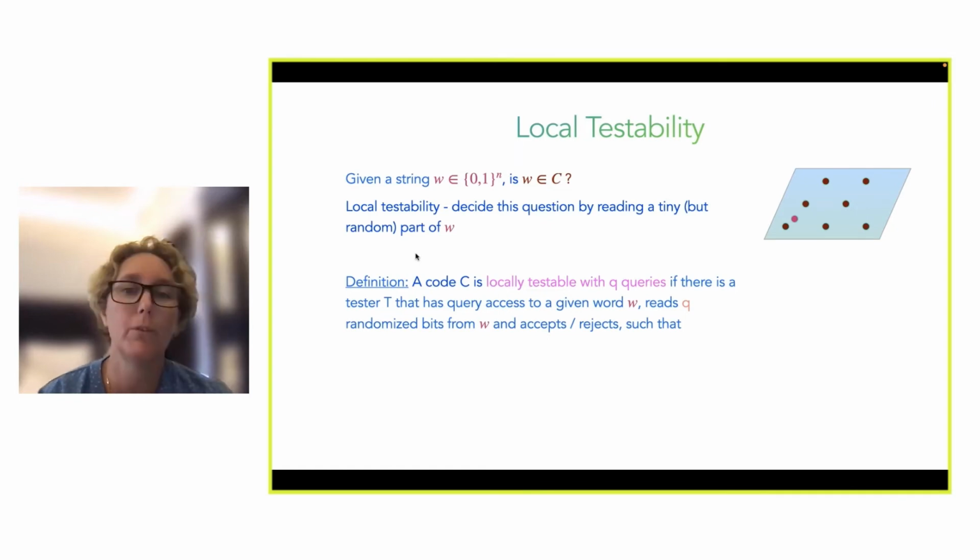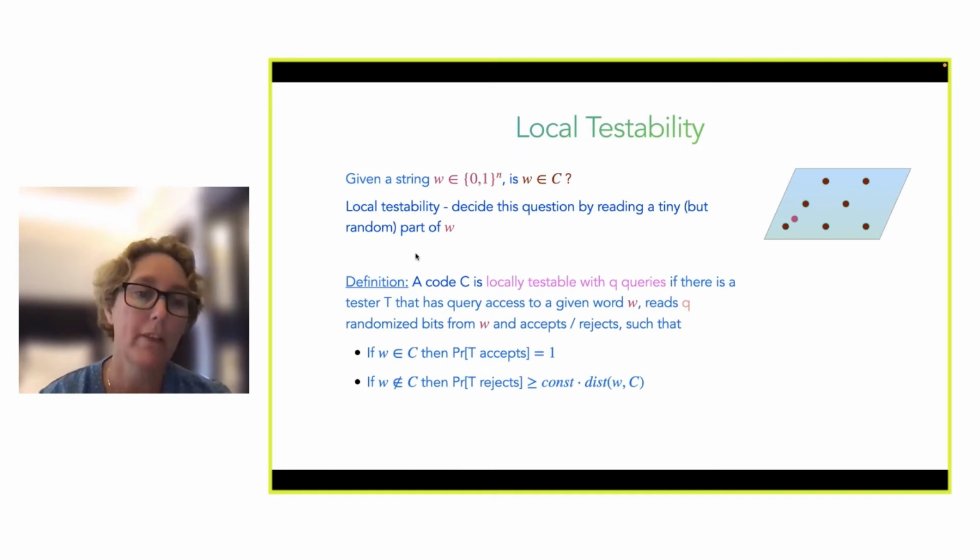Okay, so a locally testable code with Q queries is a code that has a randomized tester. This is like the verifier in the PCP that looks at the word W, reads only Q bits, and decides whether to say yes or no. And it has the property that if W is in the code, you always say yes. And if W is not in the code, I want to say you always say no. But that's impossible.